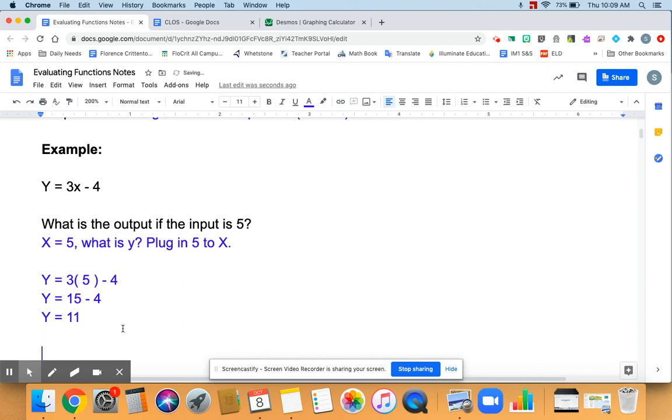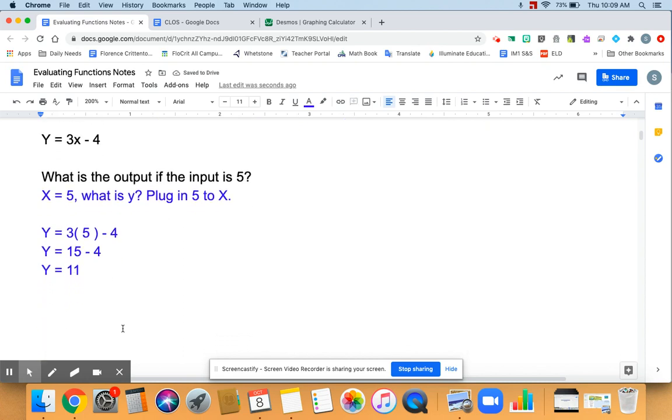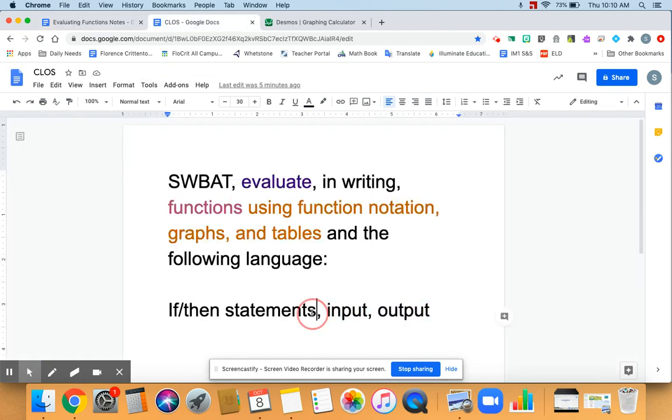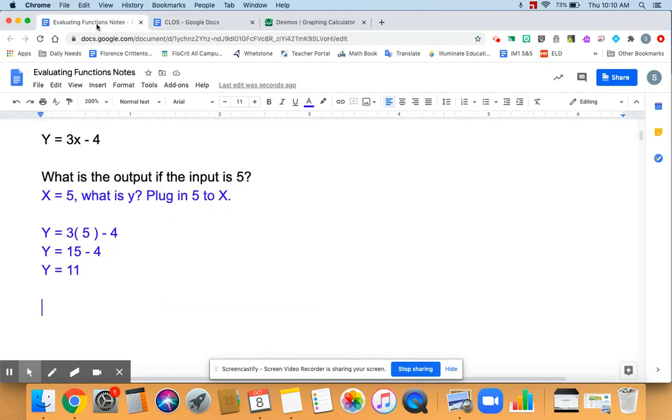So the answer, and I'm going to say it very mathematically with my if-then statements from my CLO. So there's a rule in math that if they ever ask you a question in words like this, you must respond to them in words like this. This answer would not be enough because they asked with words. You have to respond with: if the input is 5.